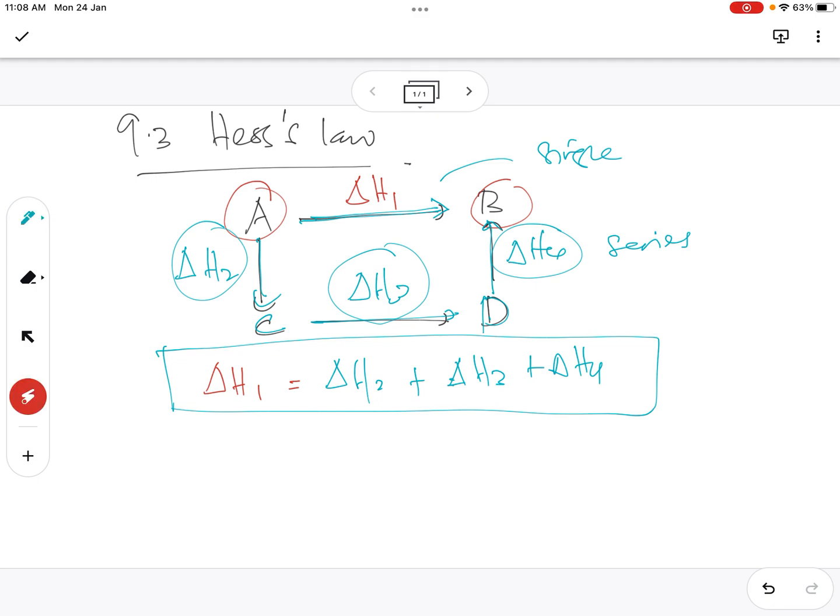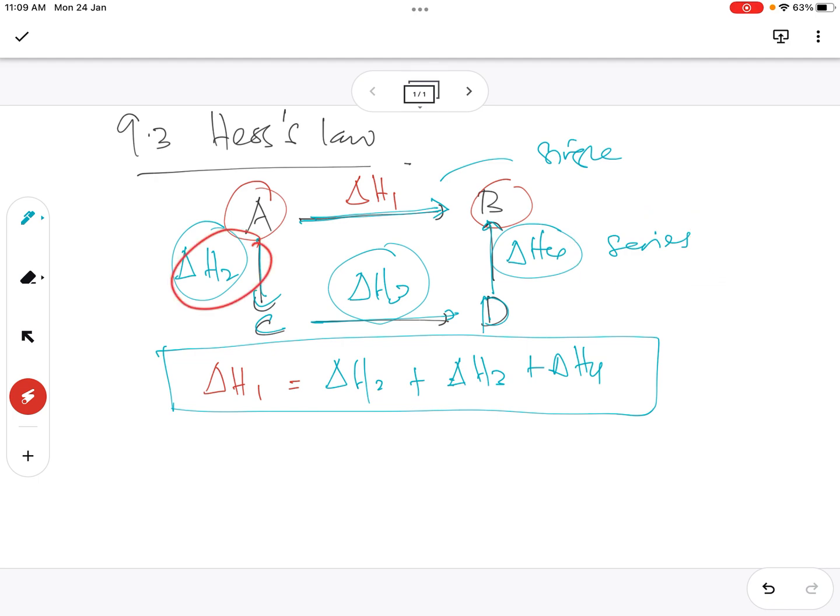I repeat again. You want to go from A to B, the enthalpy is delta H1. That is single step or one step. You alternately can go from A to C, which requires H2, from C to D requires H3, and D to B requires H4. This is called series.